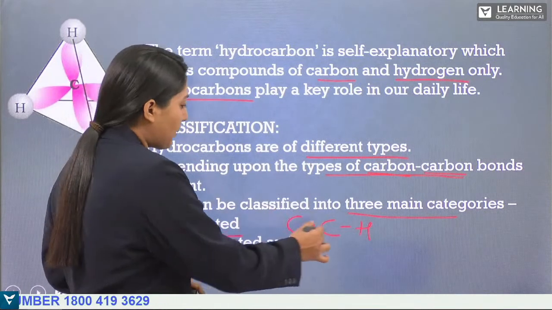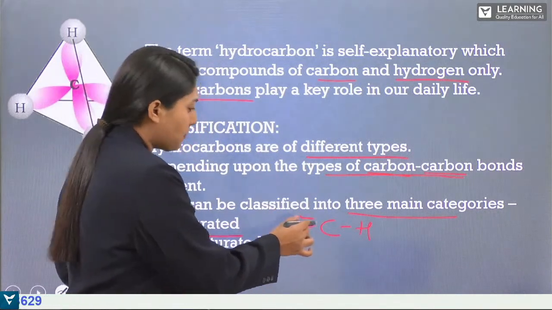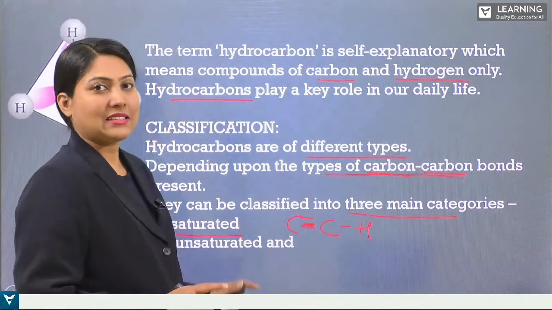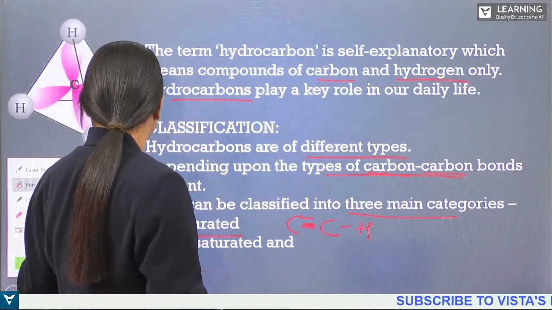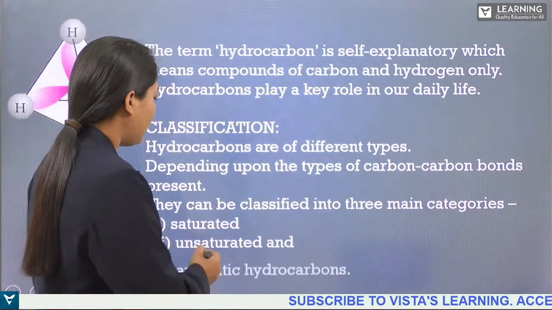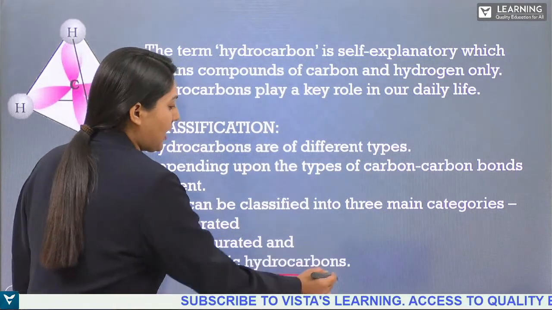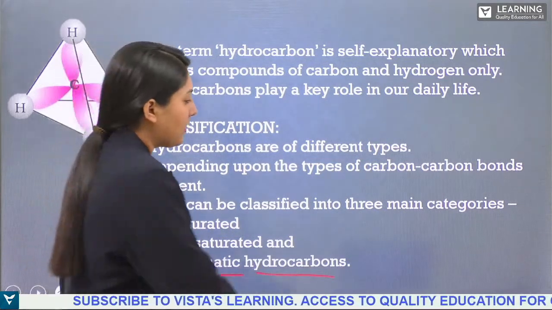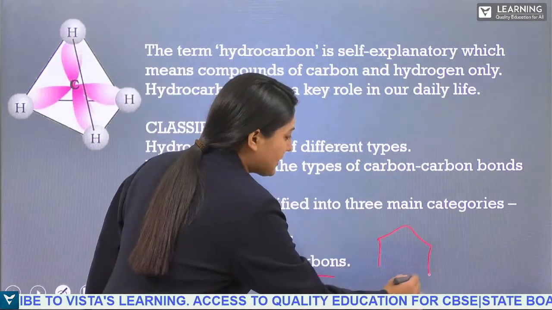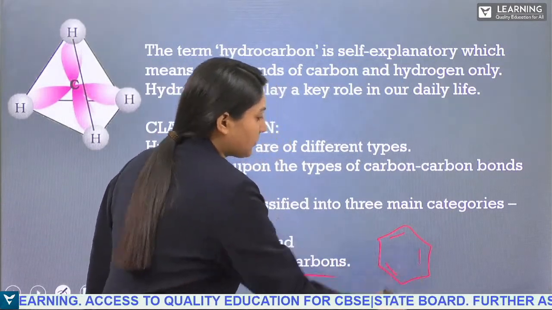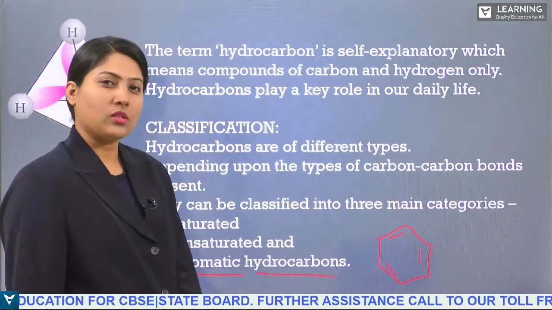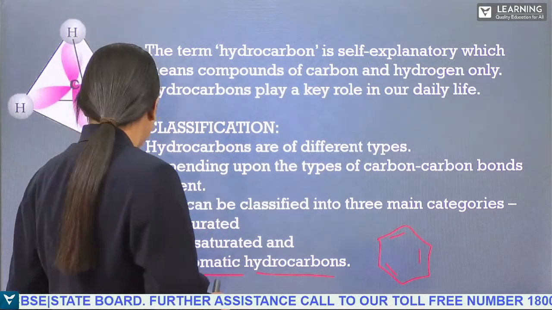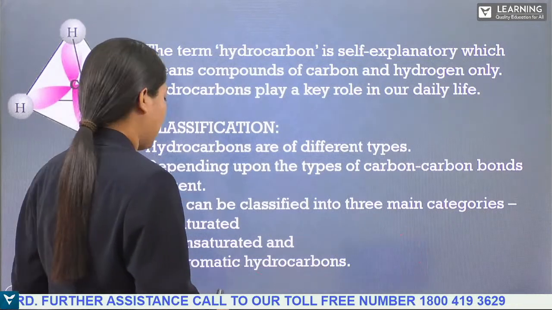If 2 carbons have a double bond or triple bond, they come under unsaturated compounds. Got it? The third one is aromatic hydrocarbons. Here, the compounds which have the benzene ring mainly come under aromatic, and we also have non-benzene aromatic compounds that we'll study.